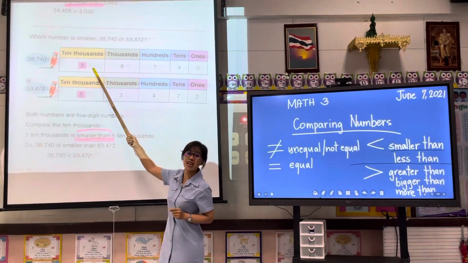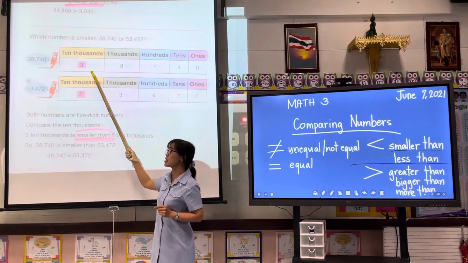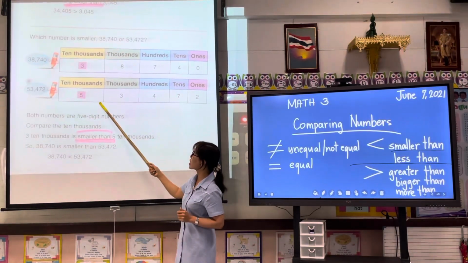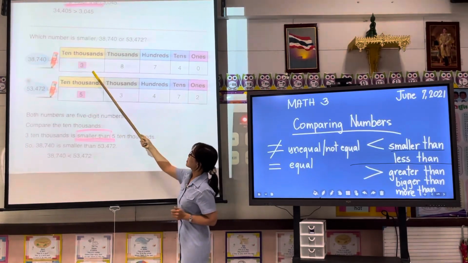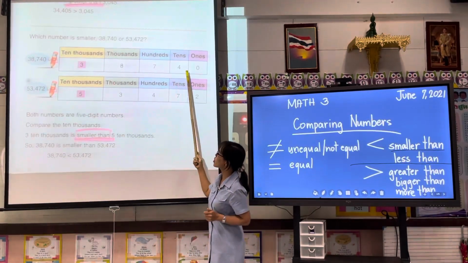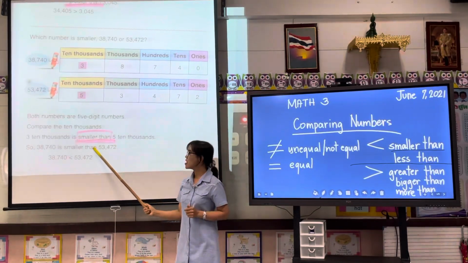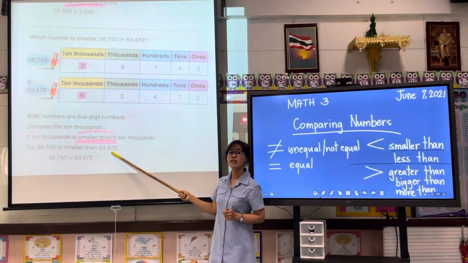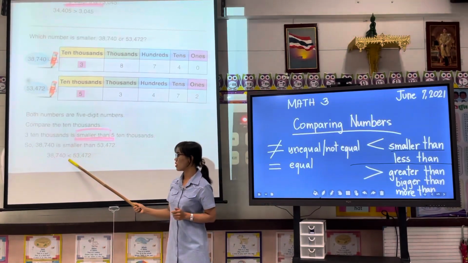Yes, 3 is smaller. That means 3 10,000s is smaller than 5 10,000s. So, therefore, we conclude that 38,740 is smaller than 53,472.